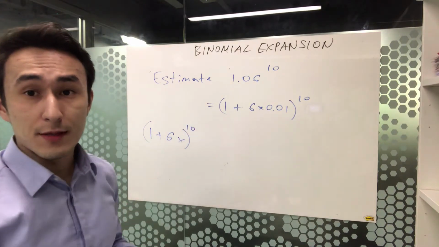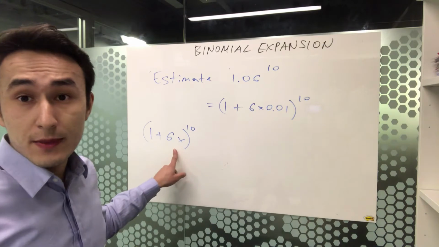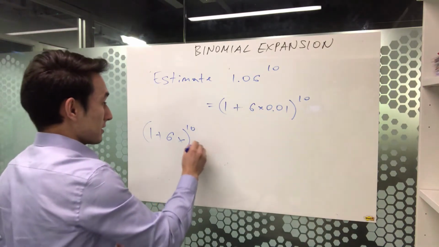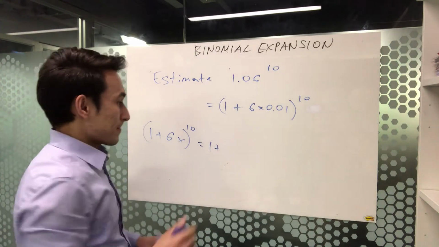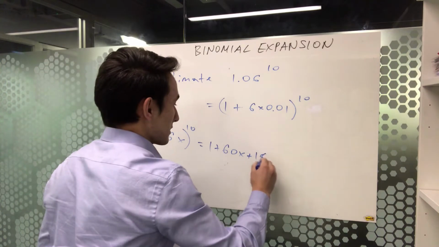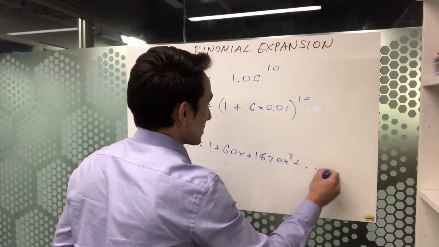Okay? And then if you remember previously, we had the expansion of (1 + 6x) to the power of 10. In the previous question, we had the expansion of this problem, and the expansion was something like this: 1 + 60x + 1620x squared and so on.